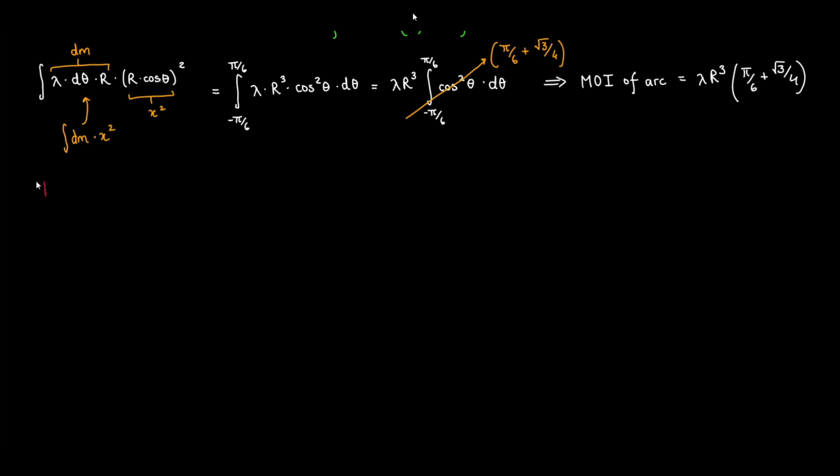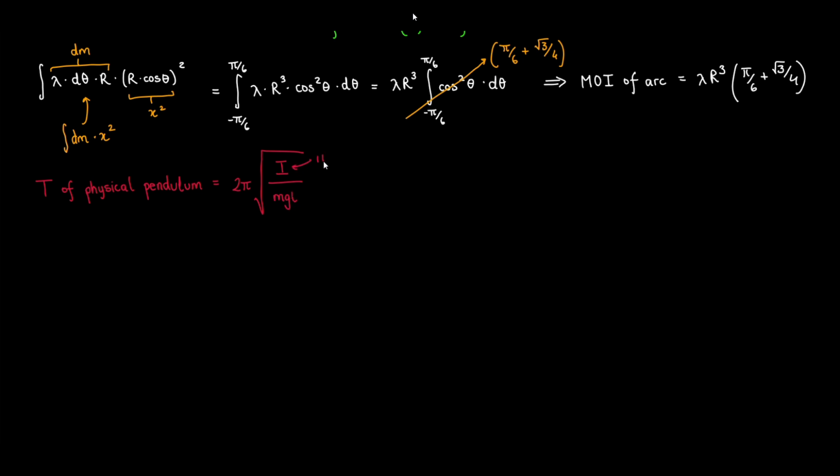Now the formula for time period of a physical pendulum is given as 2 pi into root of I by mgl.